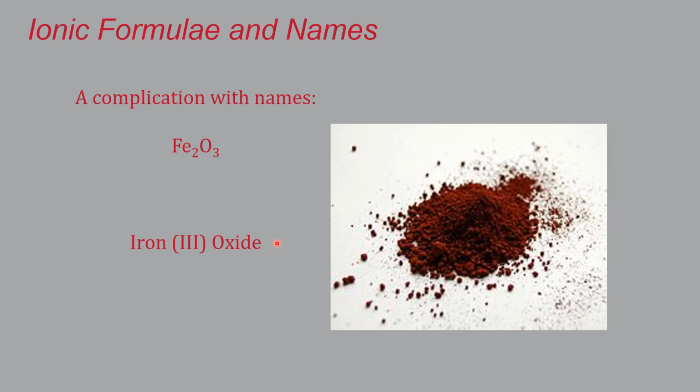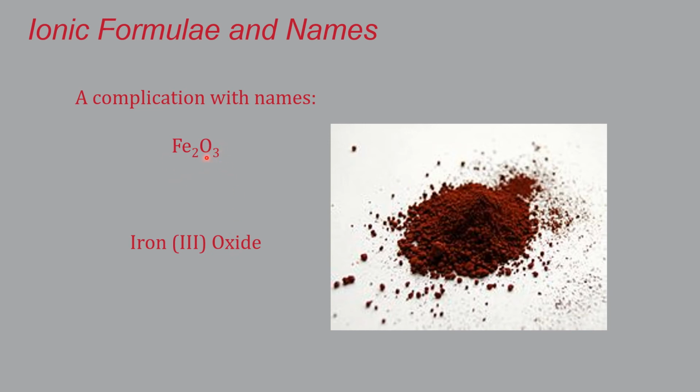So one little addition to this naming scheme is that if it is a type 2 ion and you want the name of the compound, not the formula, you have to explicitly give the charge of that, and it's usually going to be the cation, which is almost always going to be a metal. And the way we depict that charge is we just put it in Roman numerals. So this is iron, and this would be spoken as iron 3 oxide.